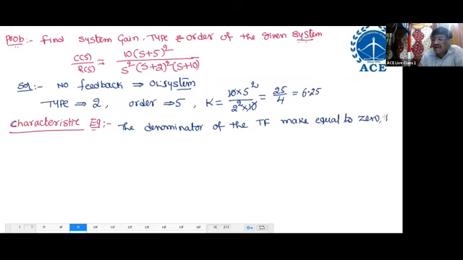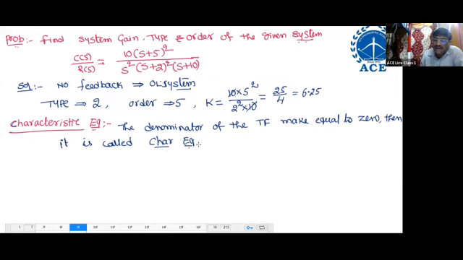Then it is called the characteristic equation.